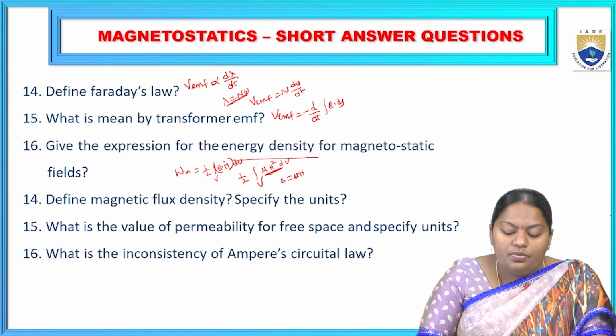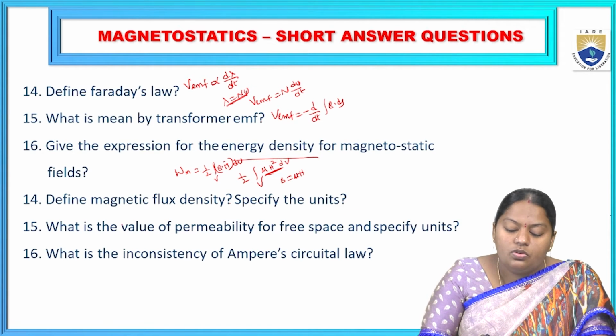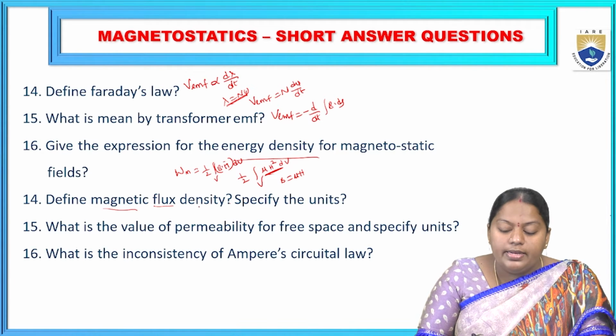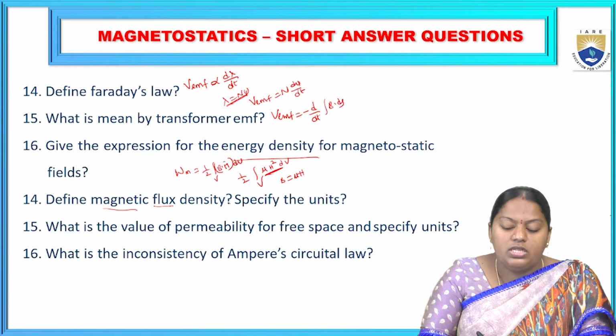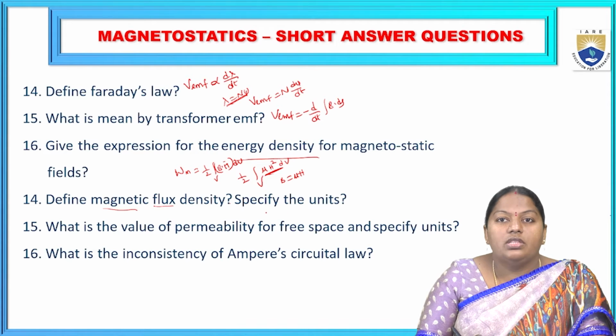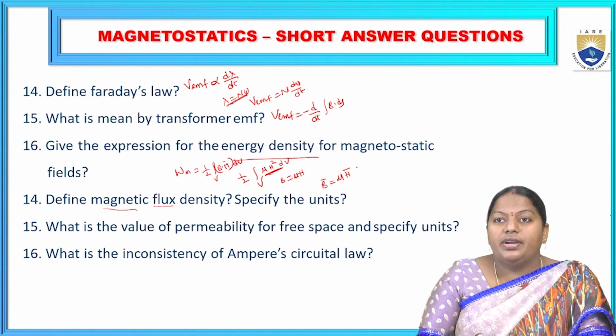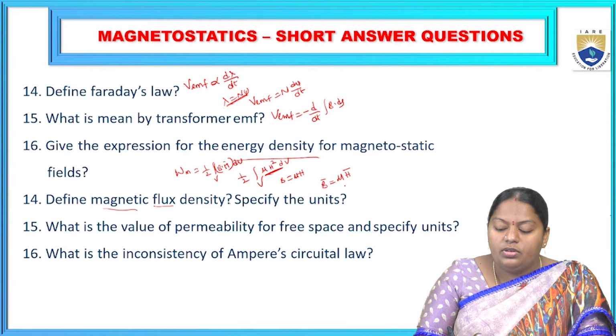So next one. Define magnetic flux density, then specify its units. Magnetic flux means number of lines of force, and density means passing through a given area. Magnetic lines of force passing through a given area is represented by the magnetic flux density, given by B bar equal to mu into H bar, where H is the magnetic field intensity and mu is the permeability of the material.